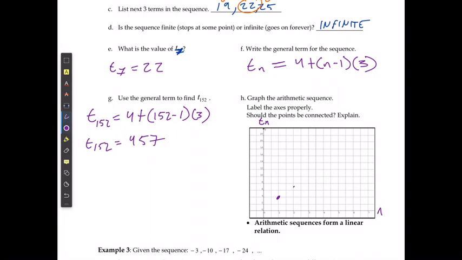Then term 2 was 7, 3 was 10, and so on and so forth. And we can see that this arithmetic sequence forms a linear relation because it's changing by a constant amount. Each time that my n goes up by 1, my Tn is going to go up by a set amount because of that common difference.